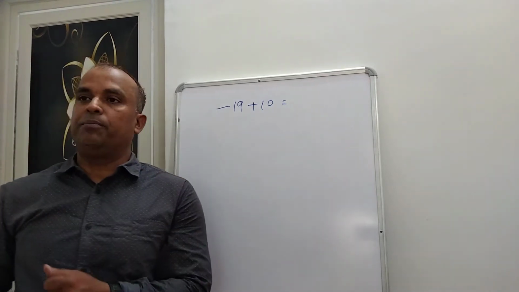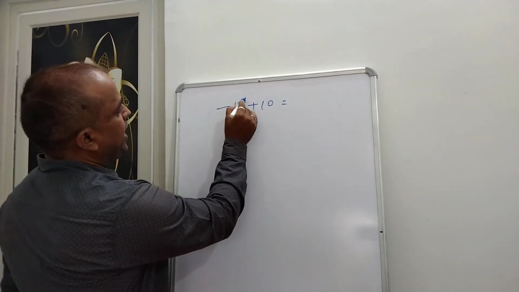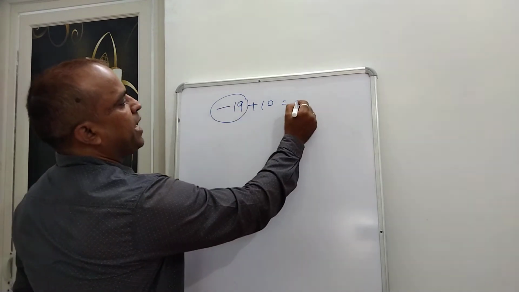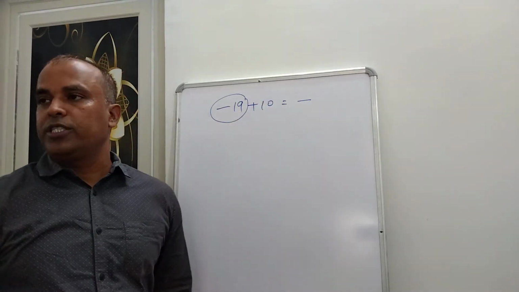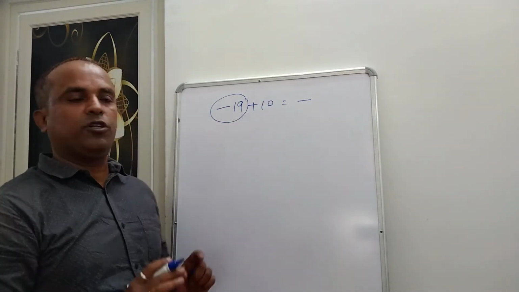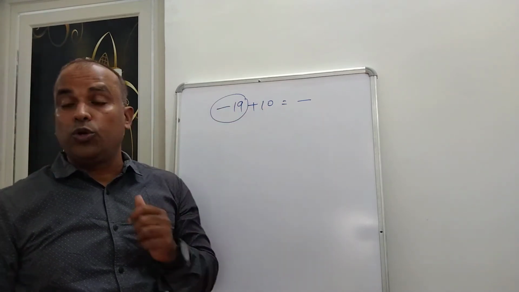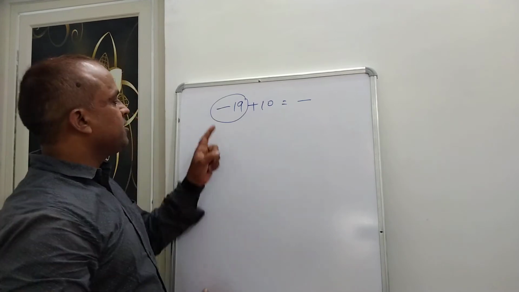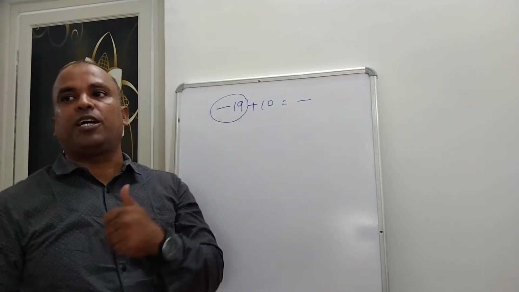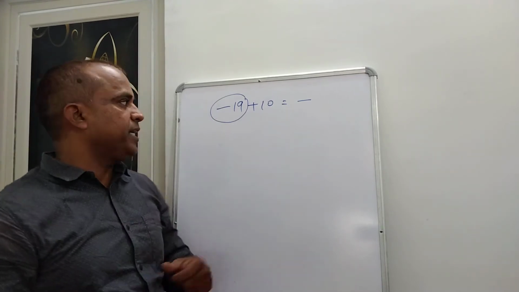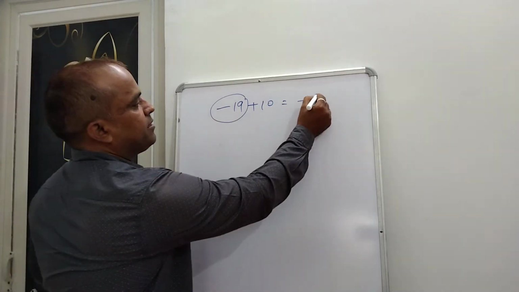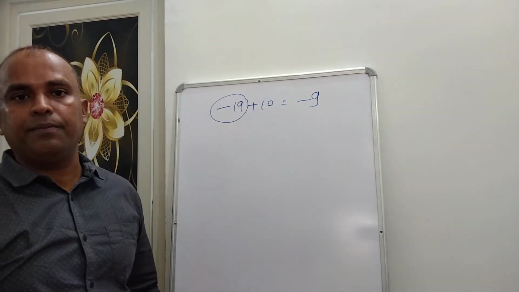Always remember which sign is bigger. Minus is bigger, so put minus, closing your eyes. Then 19, then do subtraction. Do not do addition, because minus is greater, but you have to subtract. That is minus 9. Understand?